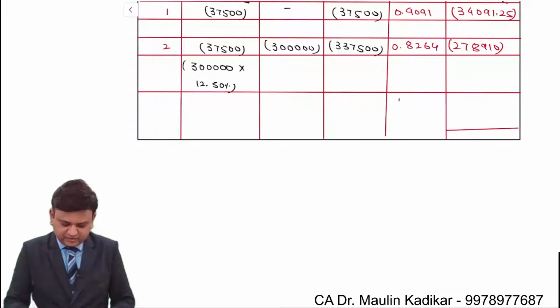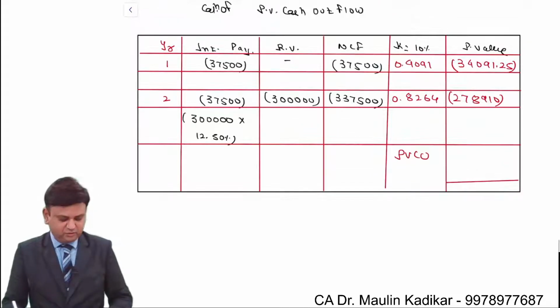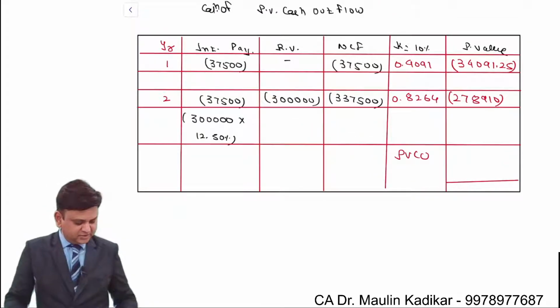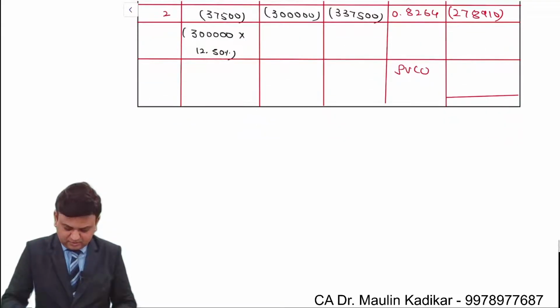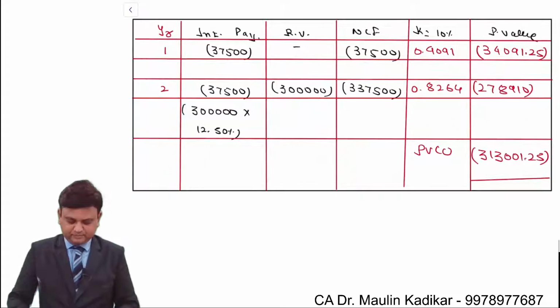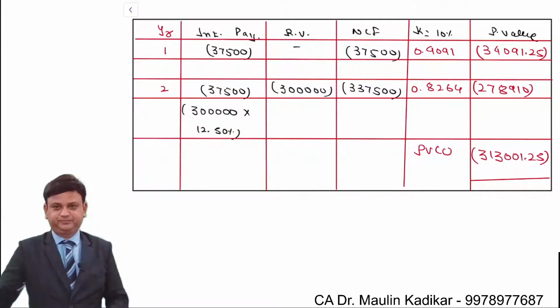And the total of both of them is the present value of the cash outflow. So 34,091.25 plus 2,78,910, the total is 3,13,001.25. Please write down the answer.